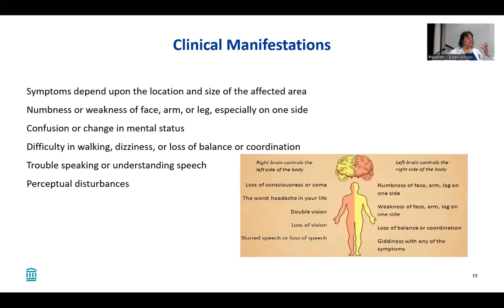The right side controls the left side, and usually some vision, aphasia, and speech, and then the left side controls the right side of the body. So if they have a right-sided stroke, they're going to have left-sided symptoms, and vice versa. They can have any of a number of stroke symptoms, and it all depends on the location where the damage is.